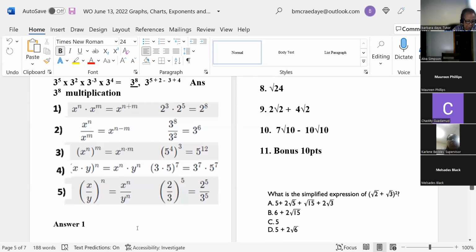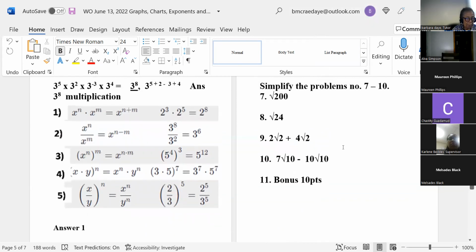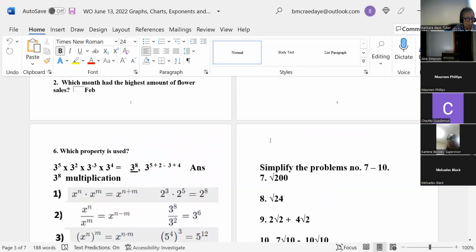Okay, let me give you this. All right, let's take 5 to the second power, and we want to divide that by 5 to the third power.